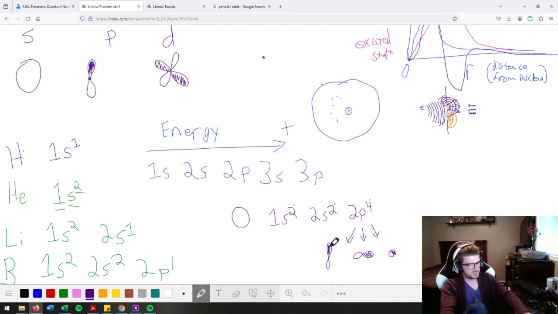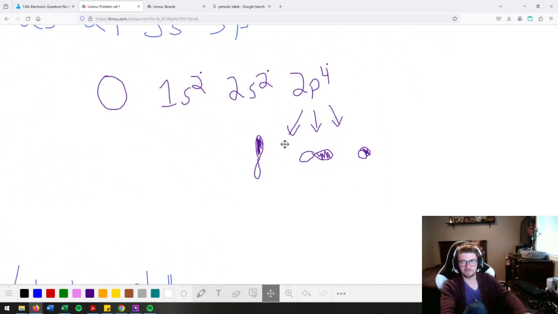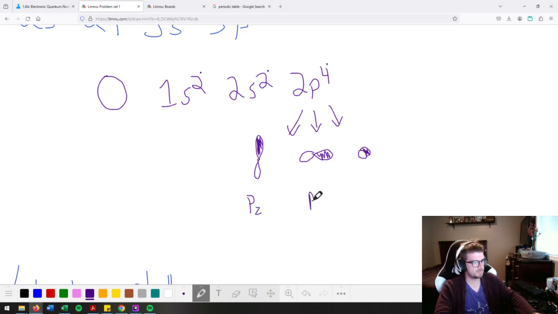And always specify your electron phases, because it's important. Okay, so p orbitals come in 3 flavors. There's pz, py, and px.